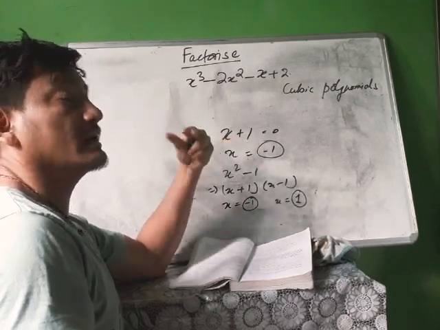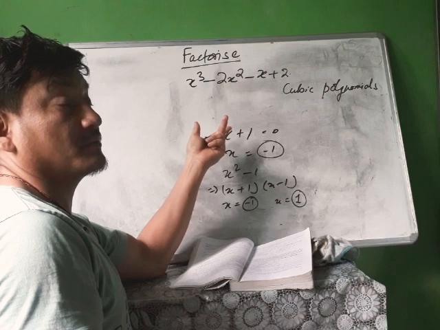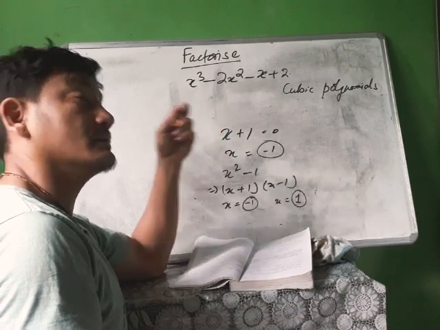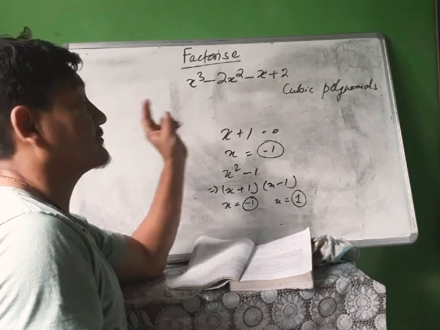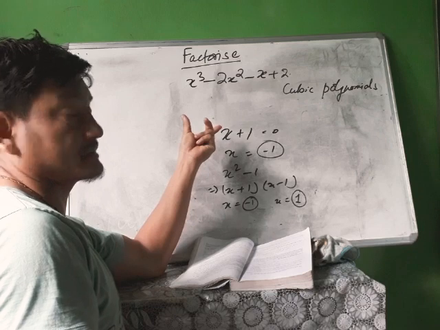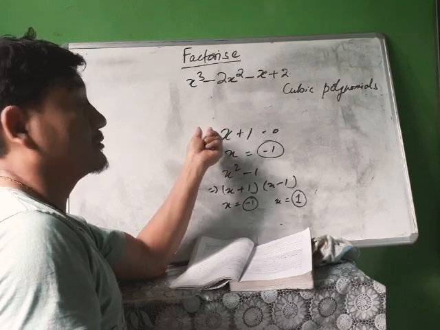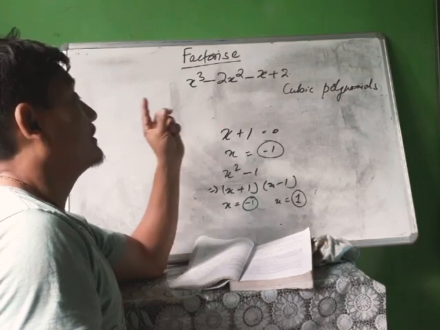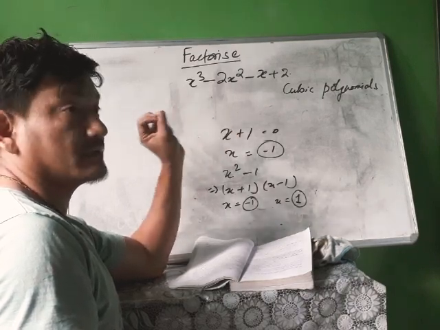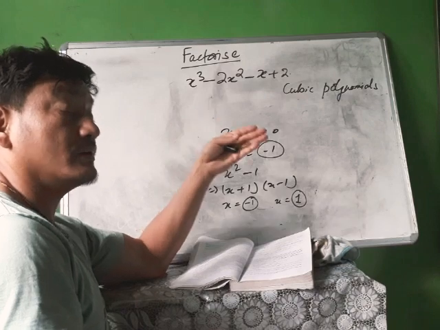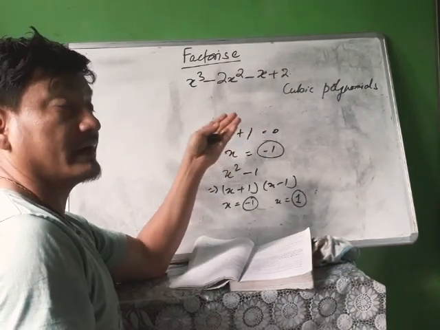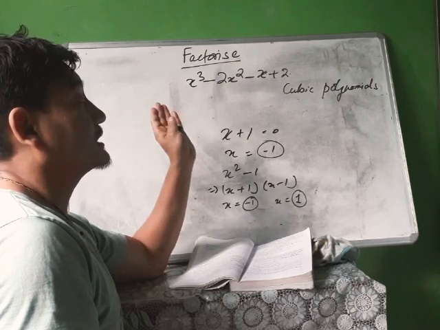Unless and until you get the factors of the given polynomial, you are not able to get the roots. So our main motive for this given cubic polynomial is to get its factors. Once you get the factors, you can go on with finding the roots of the given polynomial.